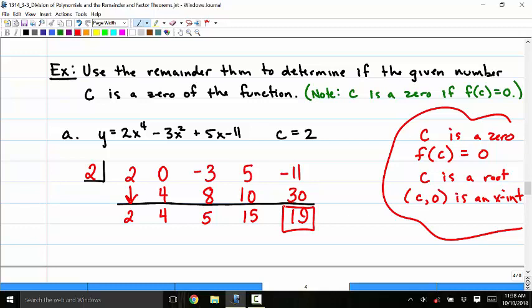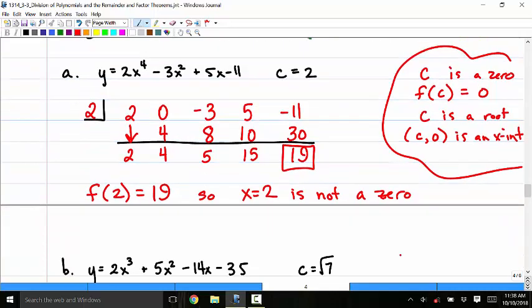Your remainder is 19. So what is f of 2? If f of 2 is equal to 19, is 2 a 0? No. Questions?